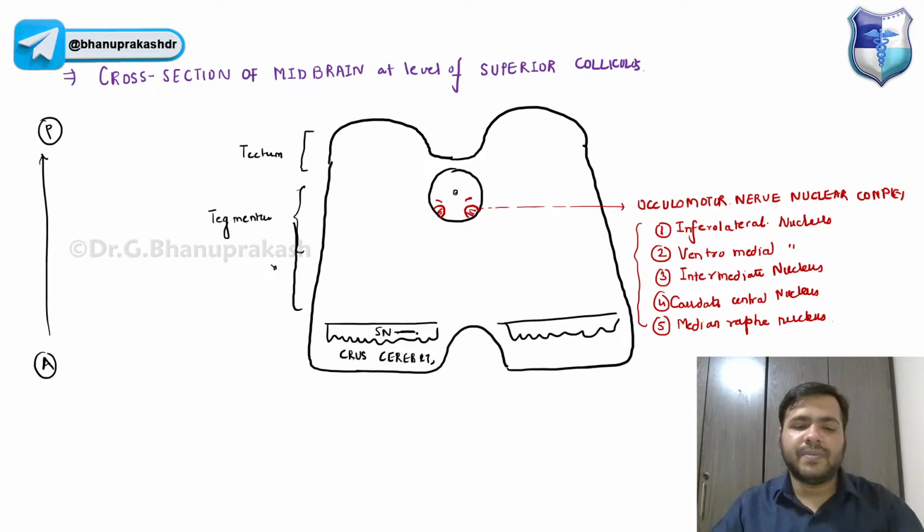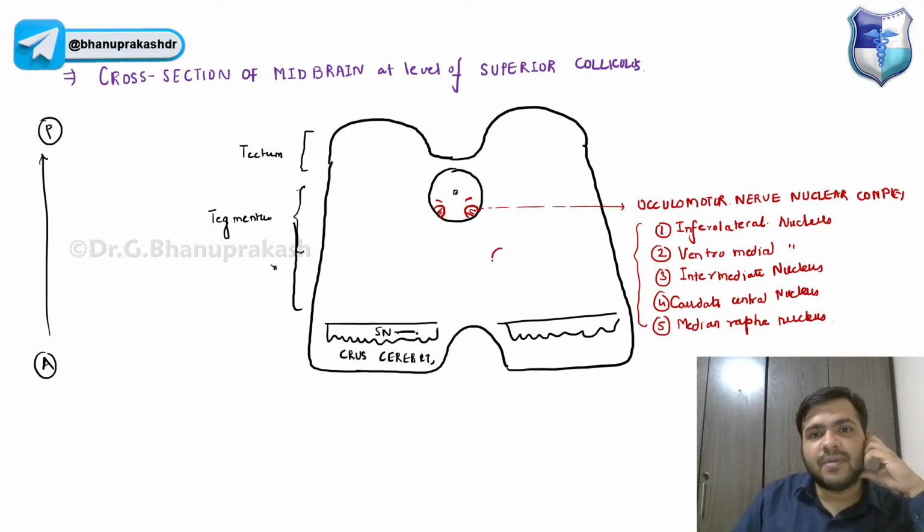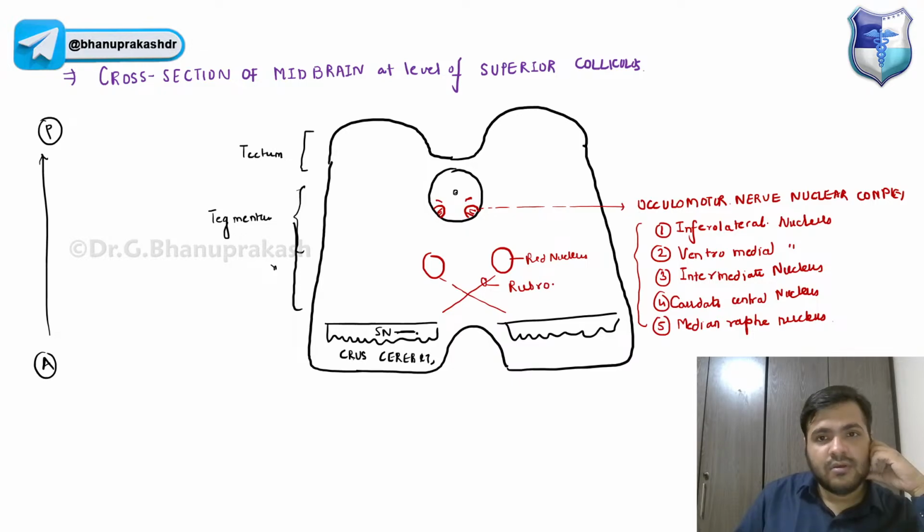Right? So yes, we have the red nucleus, guys, which you can see over here, in the tegmentum part. From the red nucleus, we already know we have the central decussation, that is called the rubrospinal tract, right?